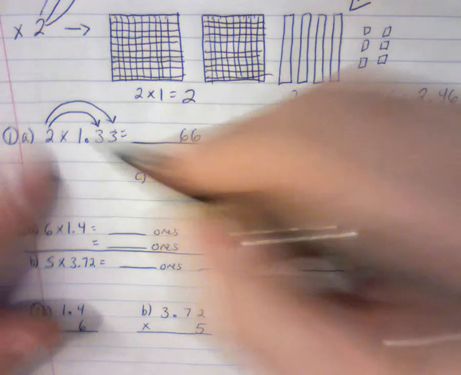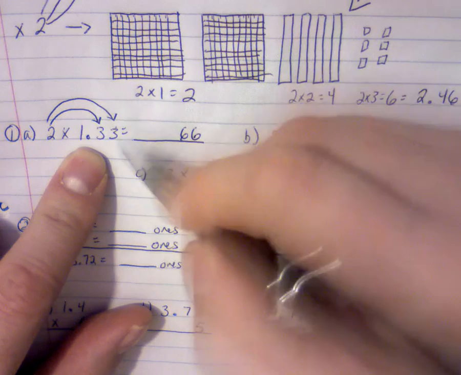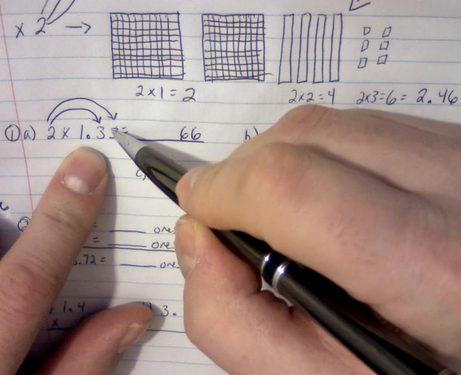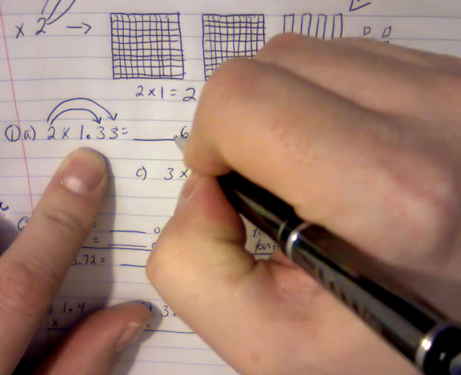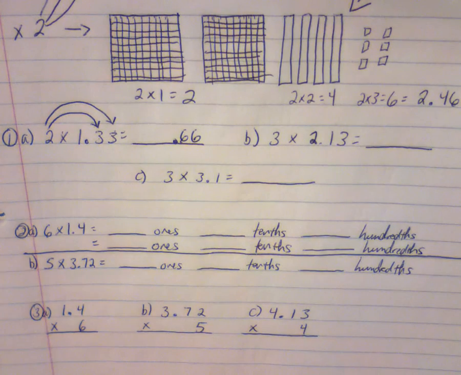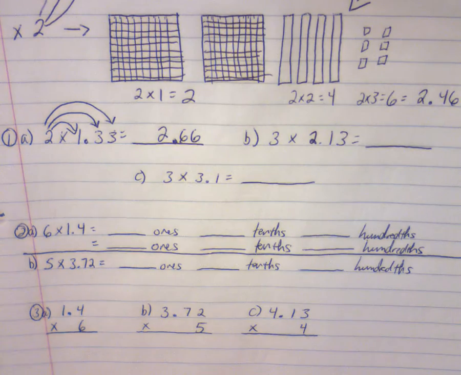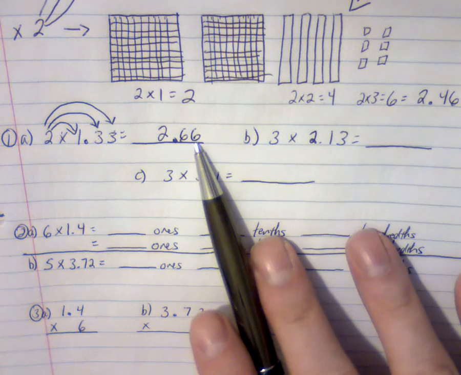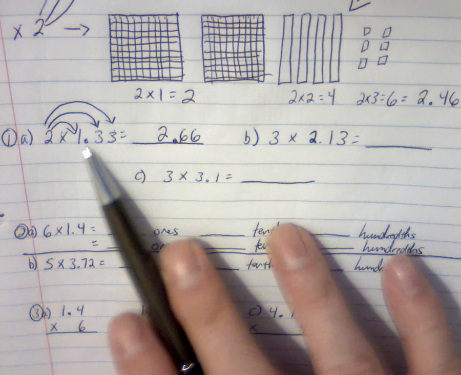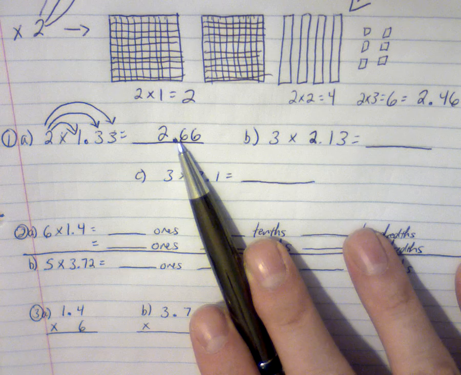Now notice what my next item is: the decimal. There are 2 places after the decimal, so in my answer there are 2 places, and therefore I need to include my decimal here. Then I can do 2 times 1, which gives me 2. Knowing where that decimal goes, I work my way over: 2 places, hundredths, tenths, decimal.